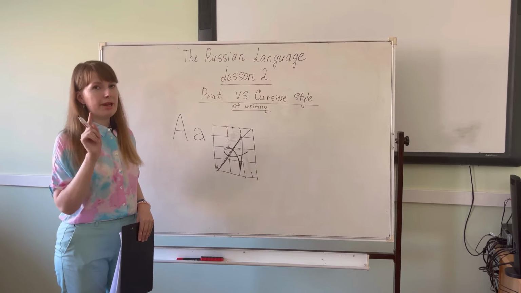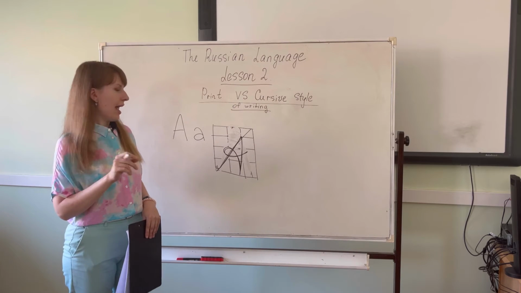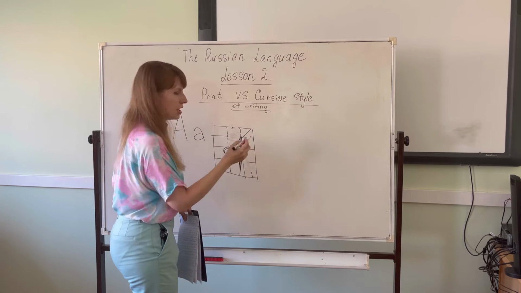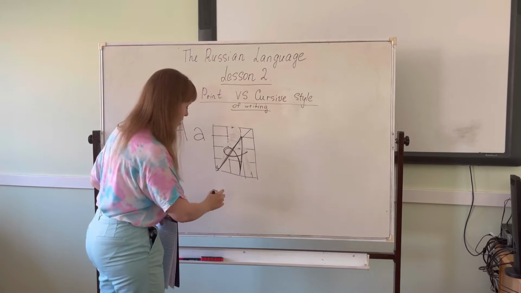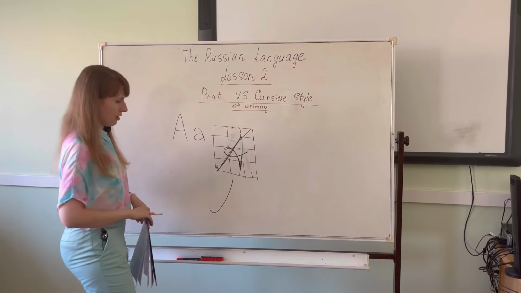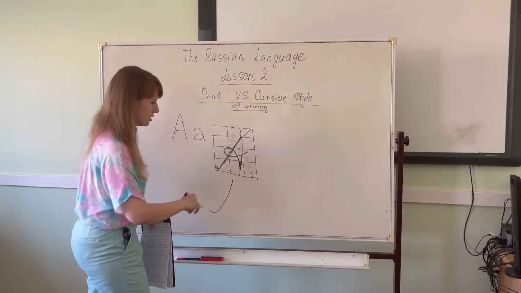So let's practice. Please pause the video and try to do it yourself, okay? Let's try it again. Just follow my instructions. Again, a kind of a diagonal line, a kind of a downstroke, right?